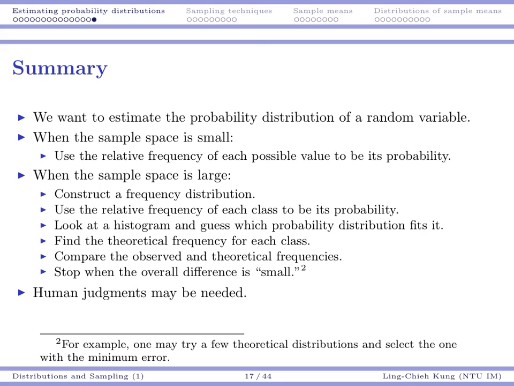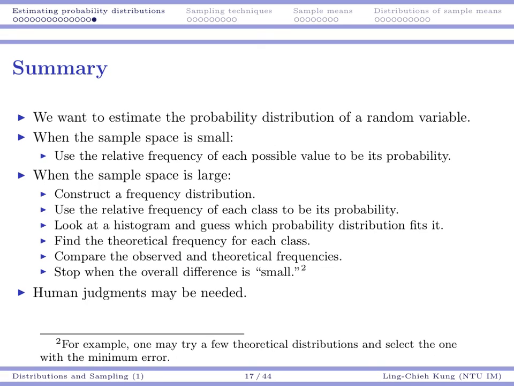Okay, that's our estimation. And then we probably want to look at the histogram and guess which probability distribution fits it. If that's the case, then we have a probability distribution, and we use that to calculate theoretical frequencies for each class, and then compare the theoretical frequencies and the observed frequencies.